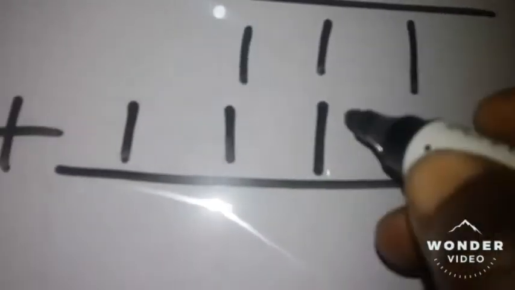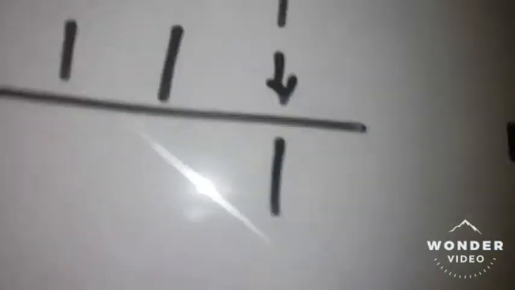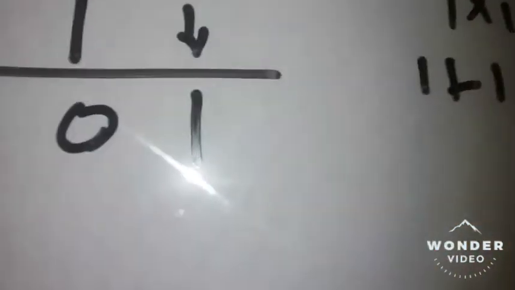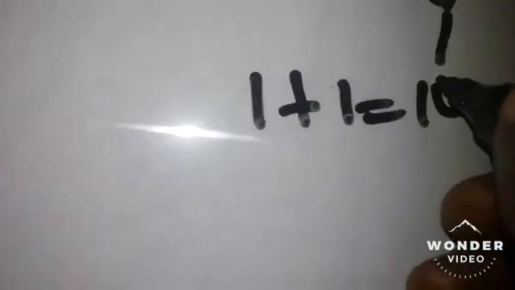So there's nothing here. You carry this one down. If you remember, in addition, 1 plus 1 is equal to 10. You write a 0, carry down 1. So come here. 1 plus 1 is equal to 10.